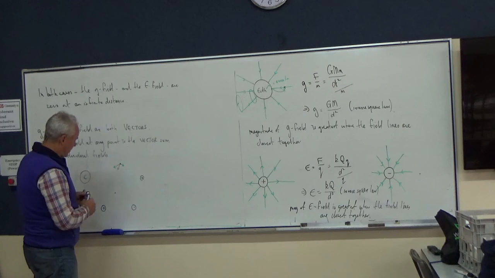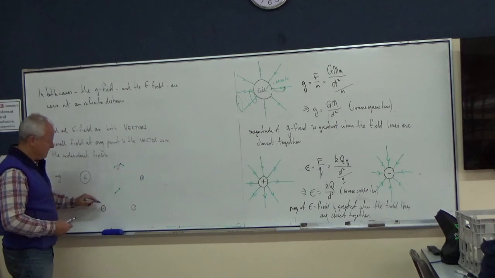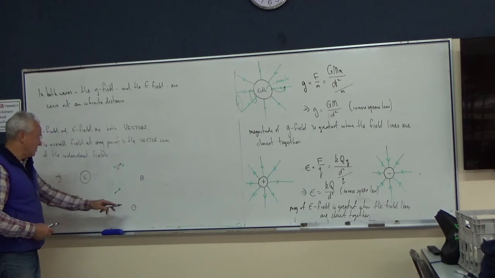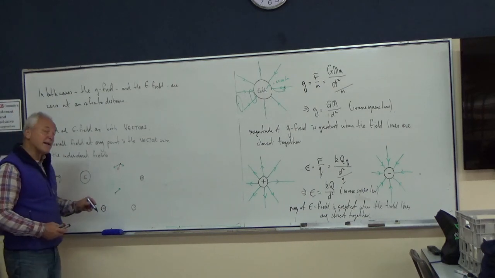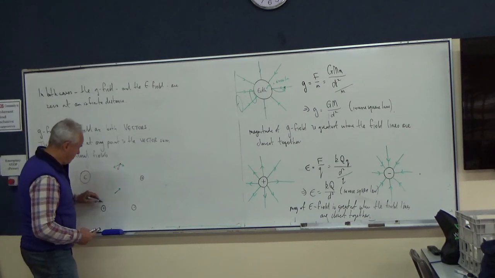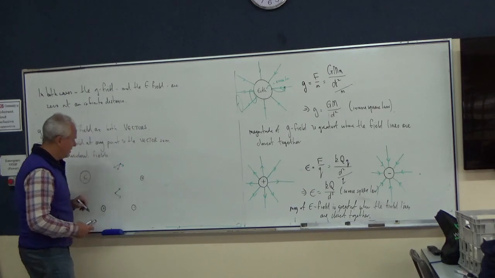So the electric field is away from the positive. If they are equal charges, then the magnitude of the electric field would be equal, so I've got an equal one towards there.